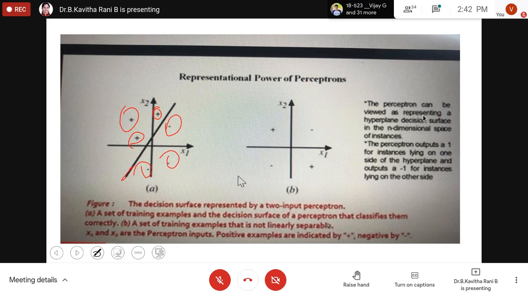So this is your hyperplane. It has linearly separated the values. Whatever values are there have been linearly separated here, so this is correctly classified. This is called linearly separable.